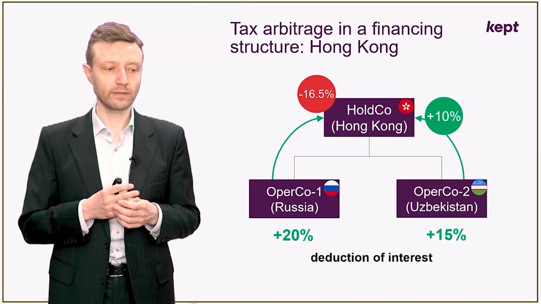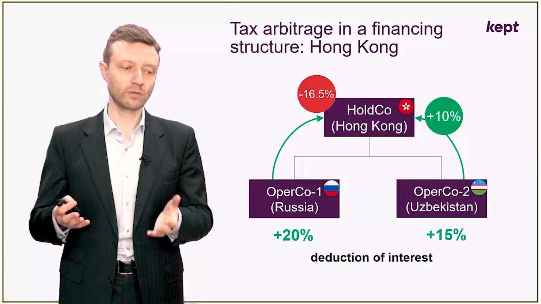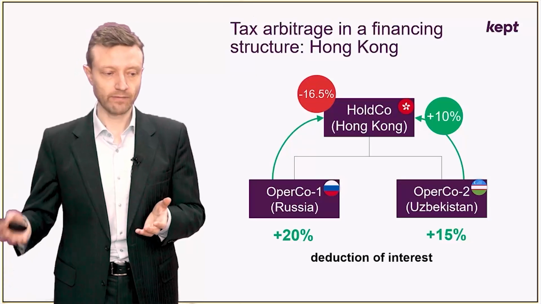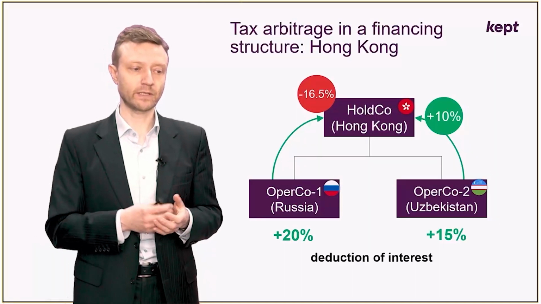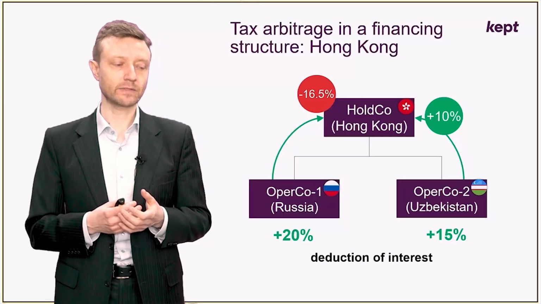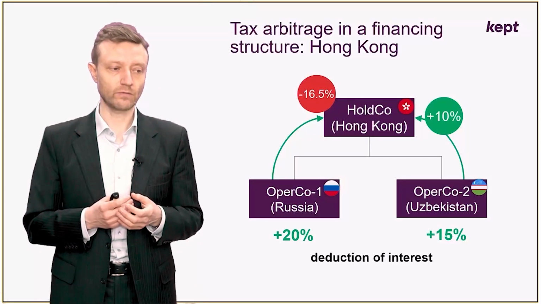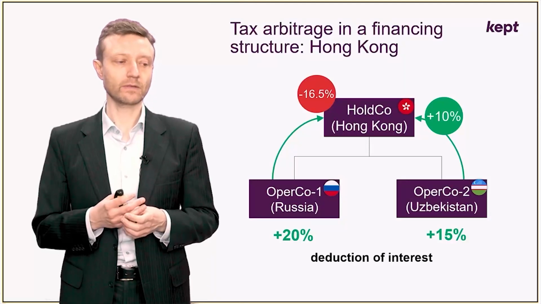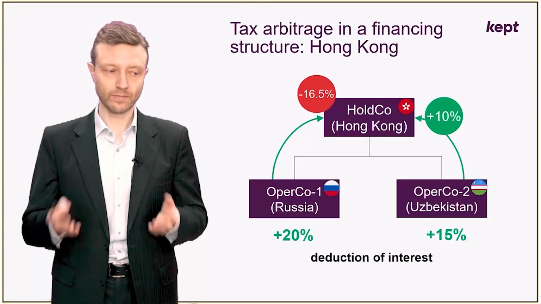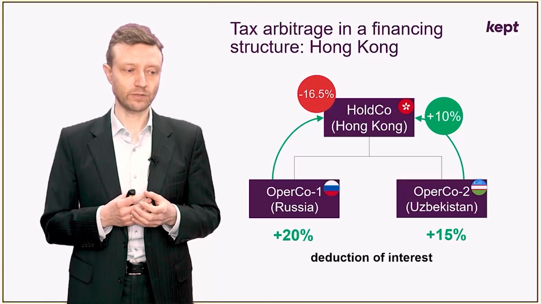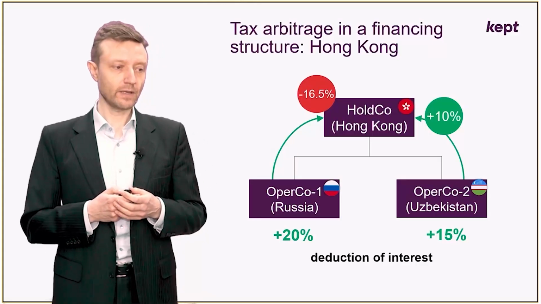And in Uzbekistan, it's more or less even, because the saving of 15% is almost the same as the interest taxation in Hong Kong at the usual basic corporate tax rate of 16.5%.